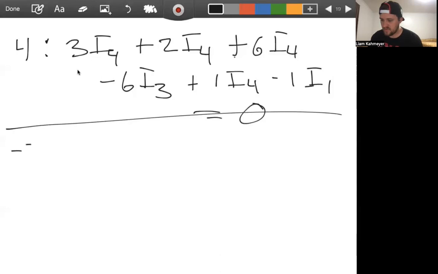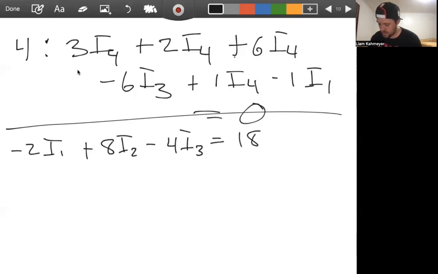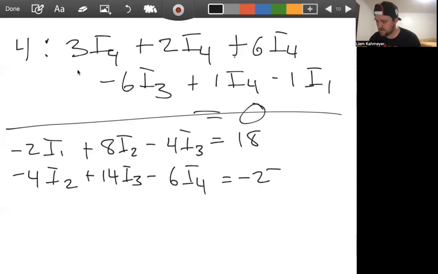Negative 2I1 plus 8I2 minus 4I3 equals 18. Negative 4I2 plus 14I3 minus 6I4 equals negative 27.